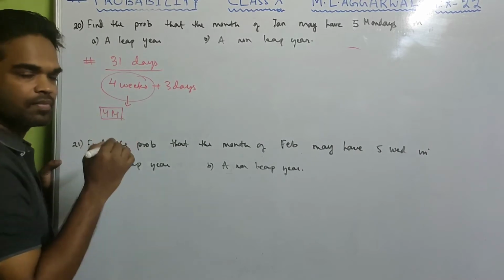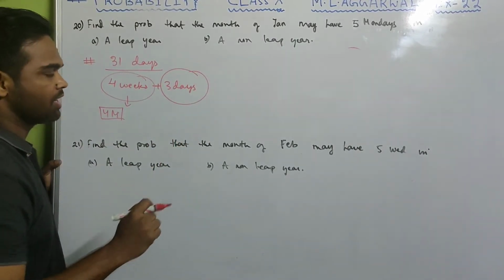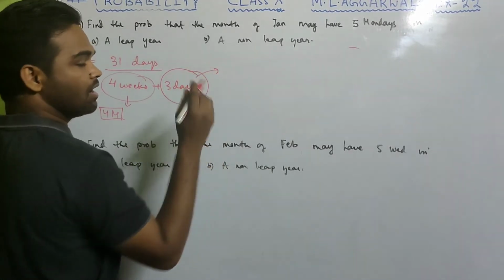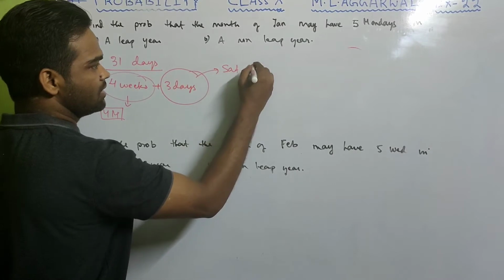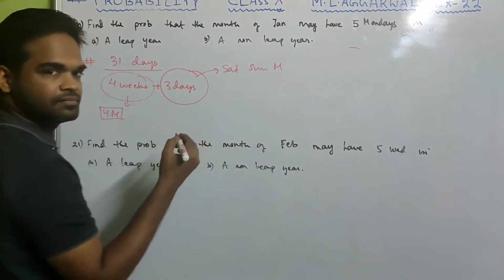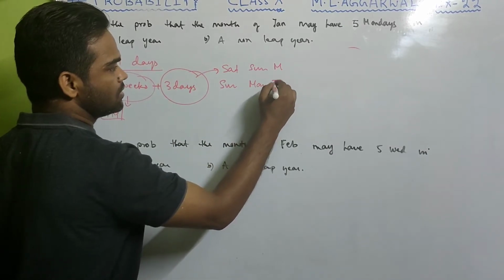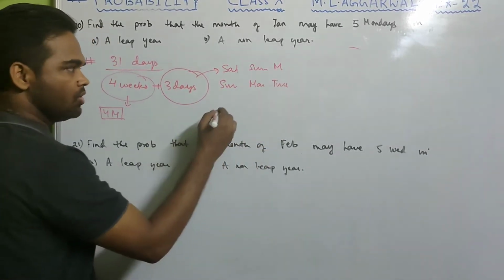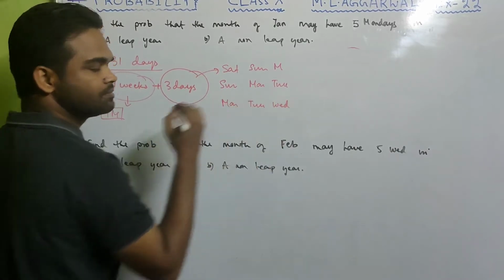That's confirmed. Now, out of these 3 days, you can have an arrangement like this: Saturday, Sunday, Monday, or Sunday, Monday, Tuesday, or Monday, Tuesday, Wednesday.